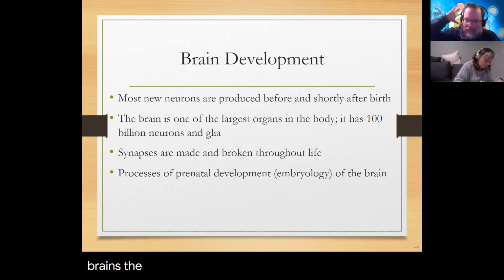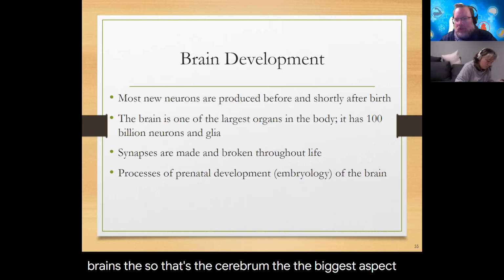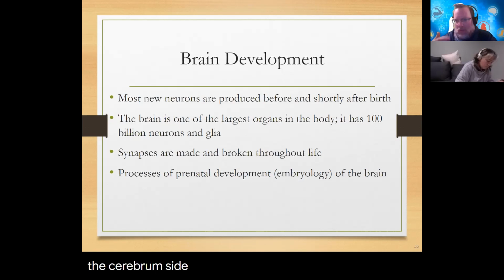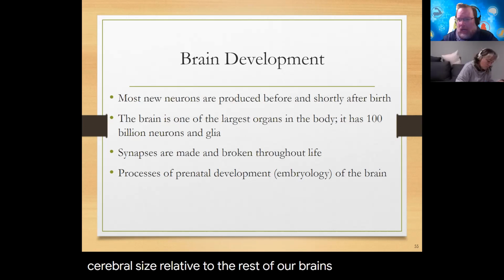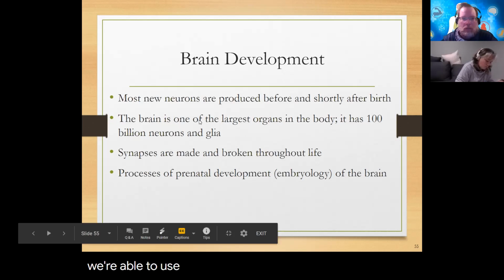Brains. So that's the cerebrum, the biggest aspect. The cerebrum size relative to the rest of the brain for humans is unlike any other animal. It's really what separates us from most other animals in the animal kingdom, our cerebral size relative to the rest of our brains and how much we're able to use as well.